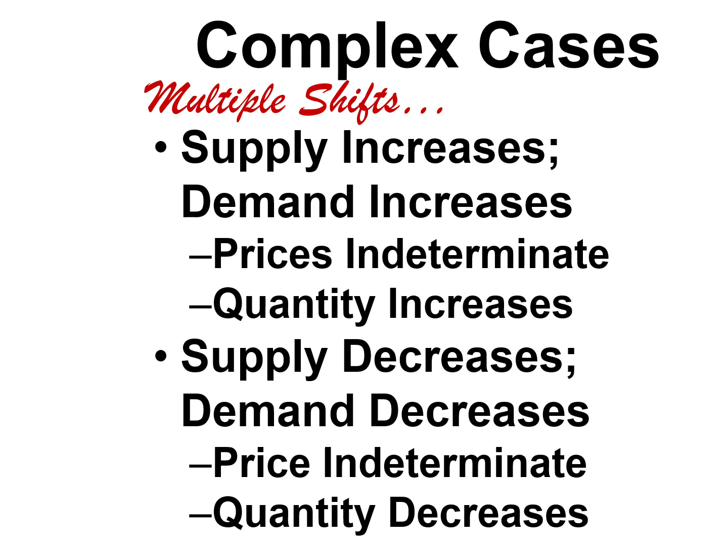Do not attempt to memorize the four possible scenarios of complex cases. Instead, fall back on your understanding of the 5 non-price determinants of demand, the 6 non-price determinants of supply.